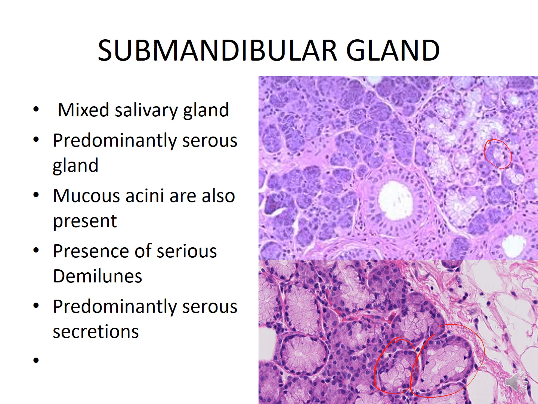These serous demilunes exhibit a crescent-shaped appearance in histological section. Now, there are two schools of thought about these serous demilunes. One says that it is an artifact produced during the fixation process, and the other says that it is a developmental process, already present in the gland. And the submandibular gland has predominantly serous secretions.